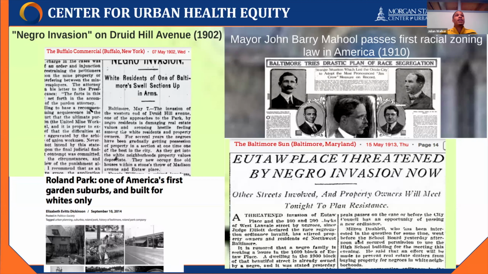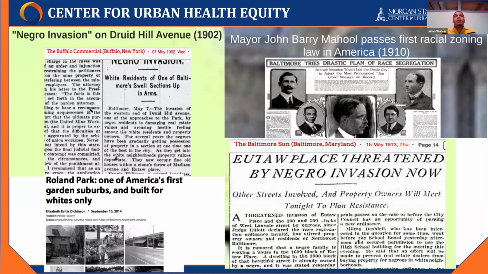You see words like "Negro invasion," and "white residents of one Baltimore section up in arms." On the bottom right, "Utah Place, the west side of Baltimore threatened by Negro invasion." That's 1913.